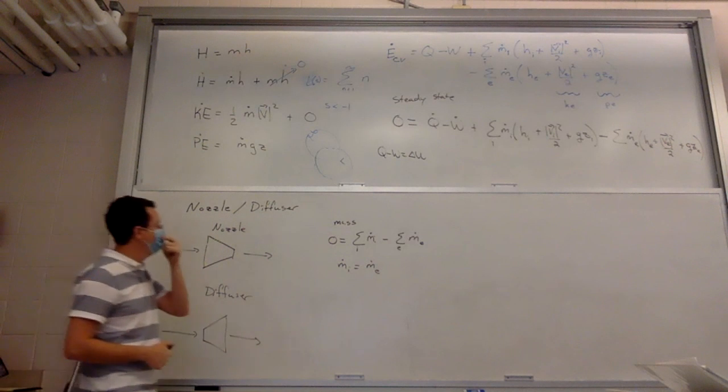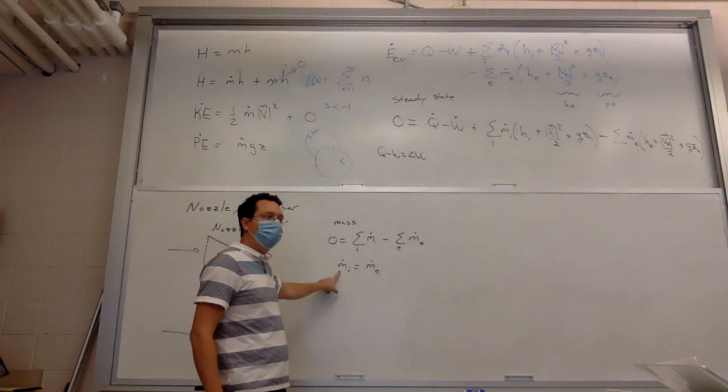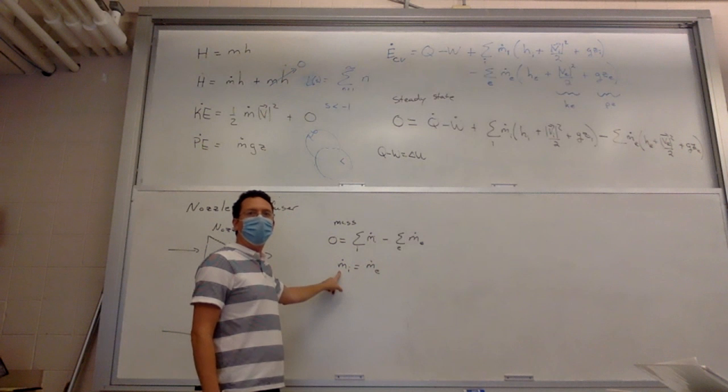And then, how can we write m dot? We talked about it. You were talking about areas and velocities. How do I do that?